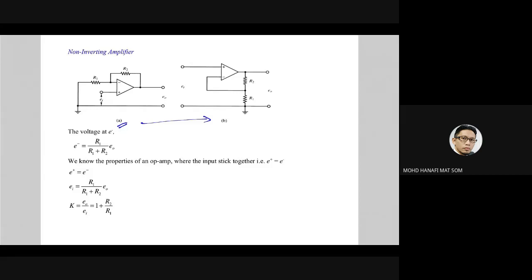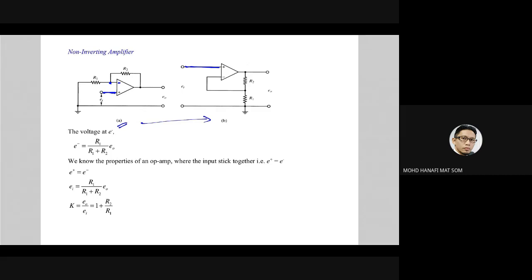Figure B is much simpler to see as compared to figure A. So how to transform? Basically, the positive terminal here is connected to the supply voltage EI. Then we have the negative terminal over here, with one junction that is connected to R2 and R1.